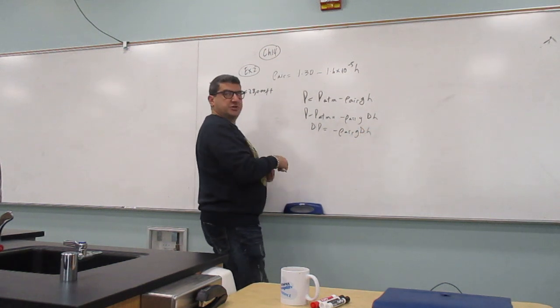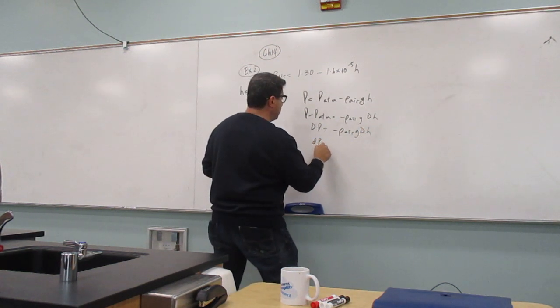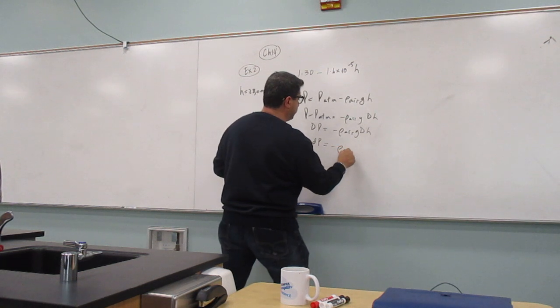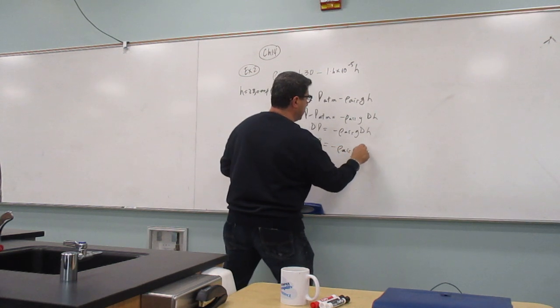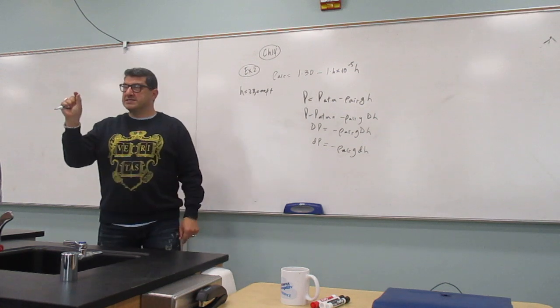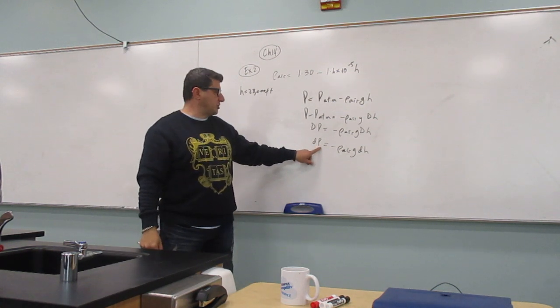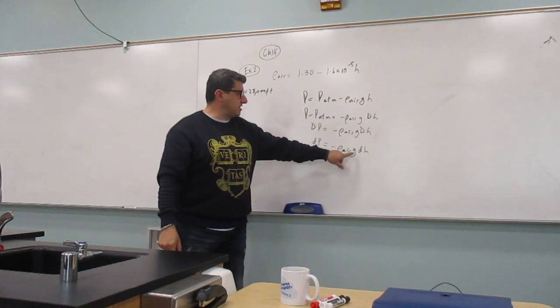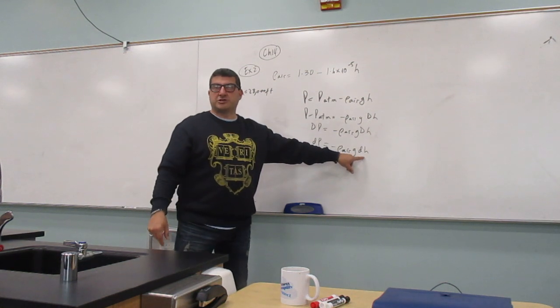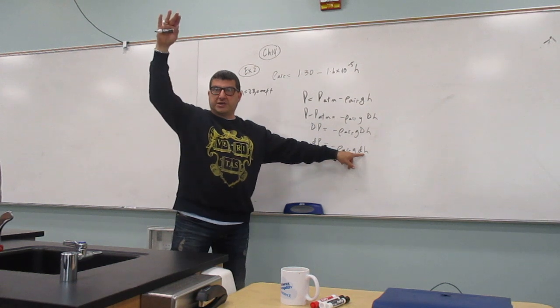And then now we change it into the differential. dP is equal to negative density of air g dH. So a very small incremental change in pressure is negative the density of air g times the small incremental change of the height as you're going up.